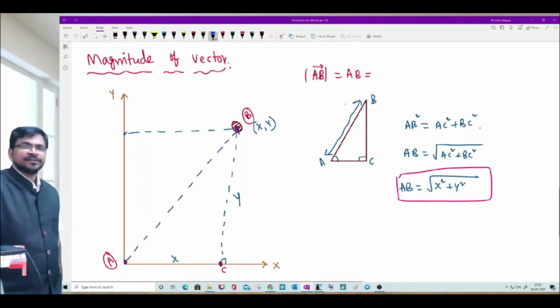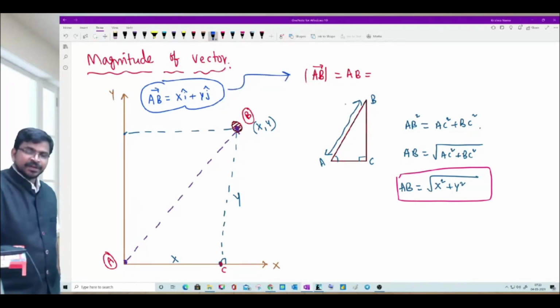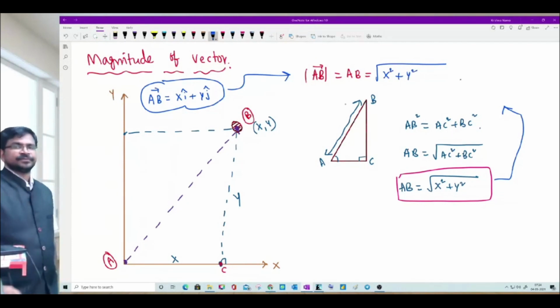Once again, just see this one. We have a vector AB which is equal to x in i direction plus y in j direction. For this vector, if I want the magnitude, then according to this formula, it is the square root of x square plus y square.